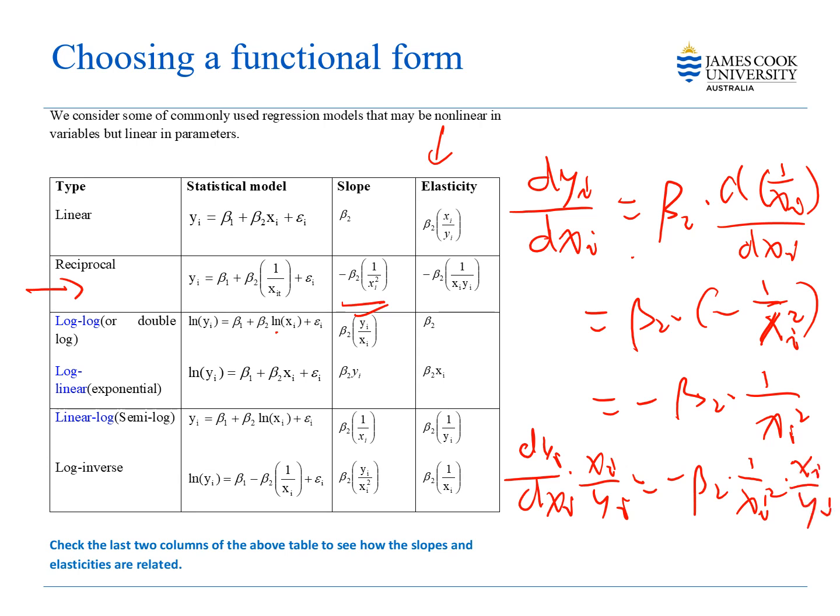So we have xi on the top, xi squared on the bottom. We can cancel out one. So it's negative beta 2 times 1 over xi times yi. So that's the elasticity.